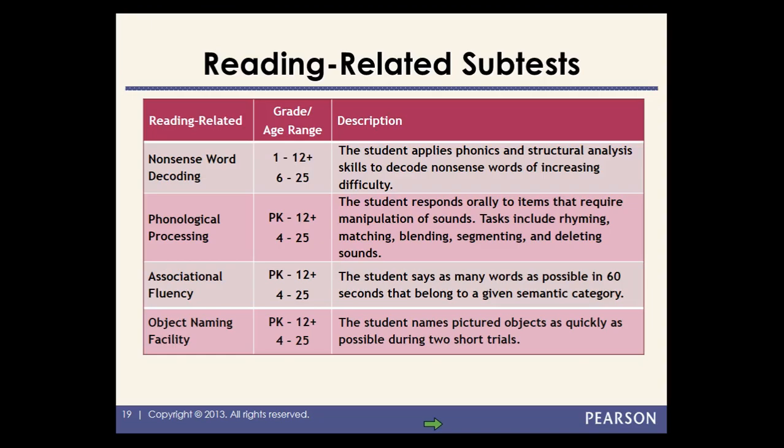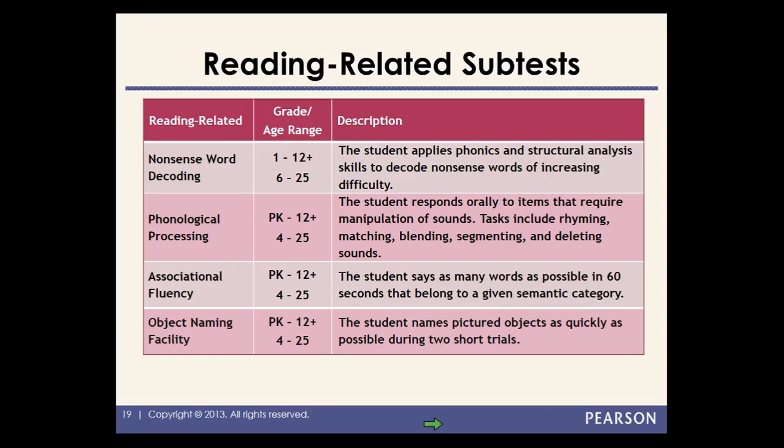Now, we do have also some reading-related subtests, and they are the ones I've listed here. So nonsense word decoding: they're going to have to apply phonics and structural analysis skills to decode nonsense words of increasing difficulty. For phonological processing, they're going to have to respond orally to items that require manipulation of sounds. We're going to be looking at rhyming, matching, blending, segmenting, and deleting sounds there.